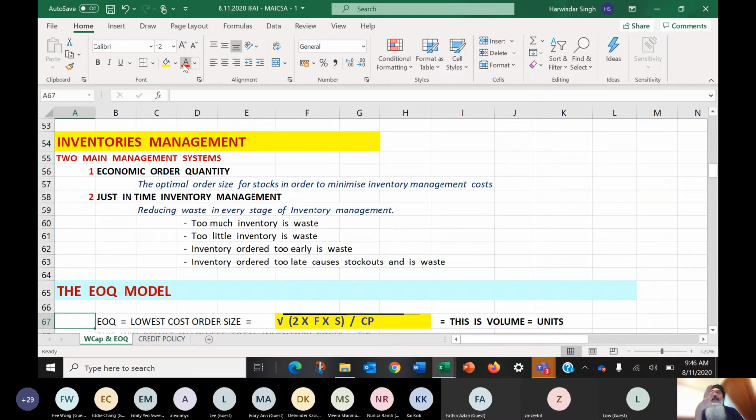So probably less emphasis on the case study management kind of thing. I don't know. I'm just taking a lead from what they have called the subject. But in any case, you must read up at least one good article on JIT inventory management.